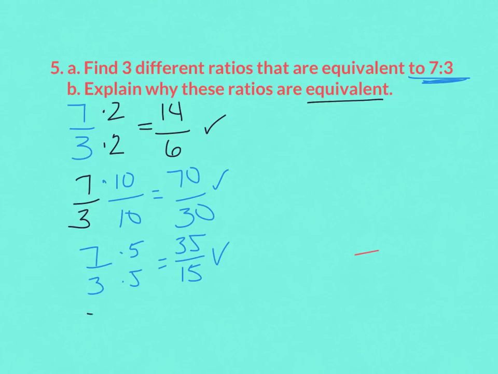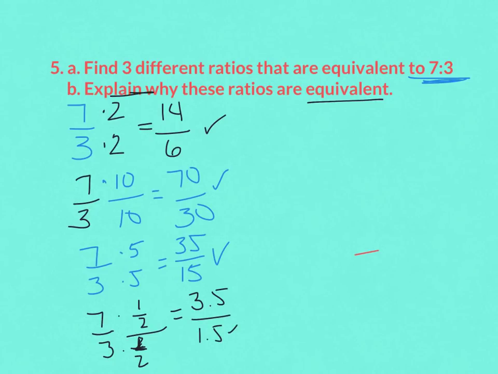We could do both 7 and 3 times 1/2. So that I know looks a little bit funny to some of you. That's 1/2. And that would give us 3.5 over 1.5. Again, equivalent.